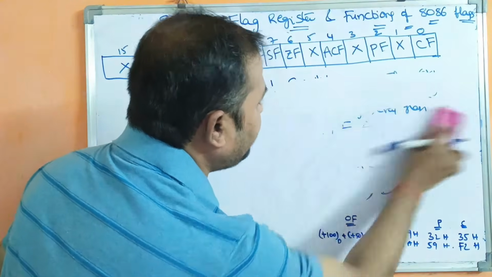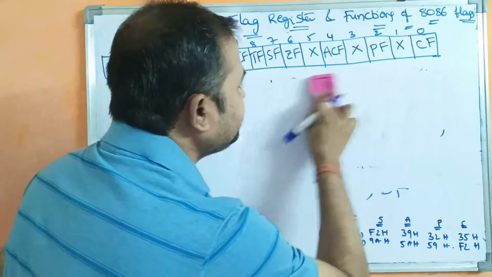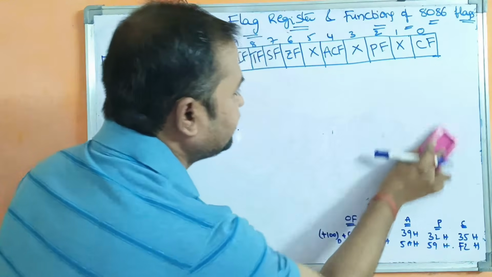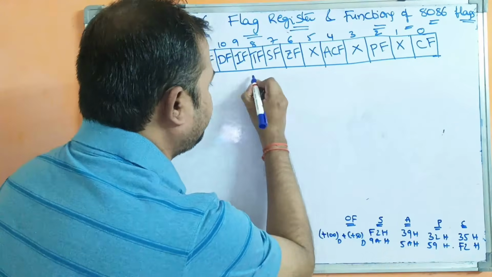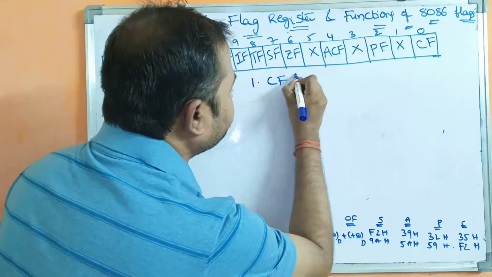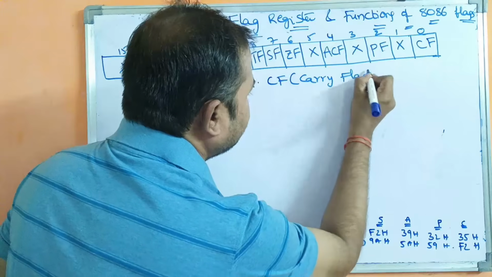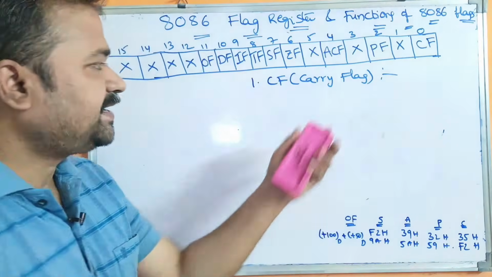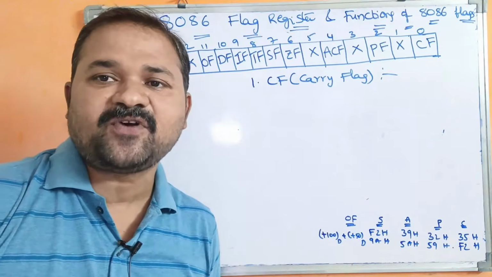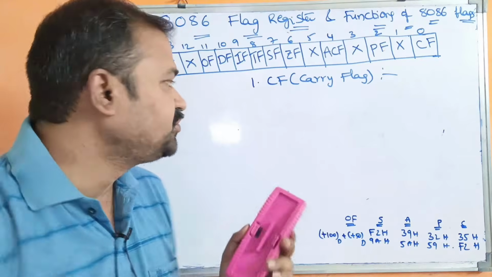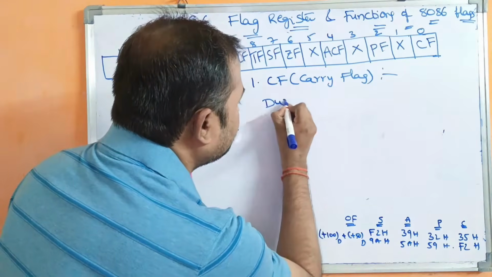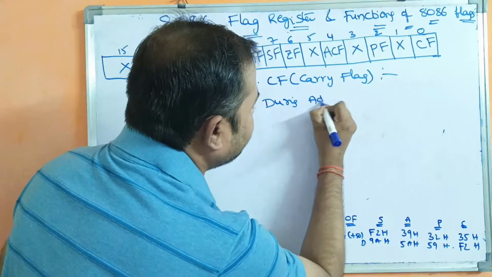First let us see the conditional code flags. What is the first flag? CF. CF stands for carry flag. Let us assume that the ALU is performing an addition operation.